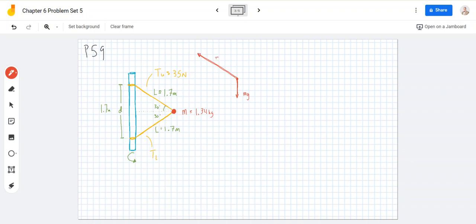So this is T upper. Now, when I break this up into its component parts, there's an up component and a to the left component.